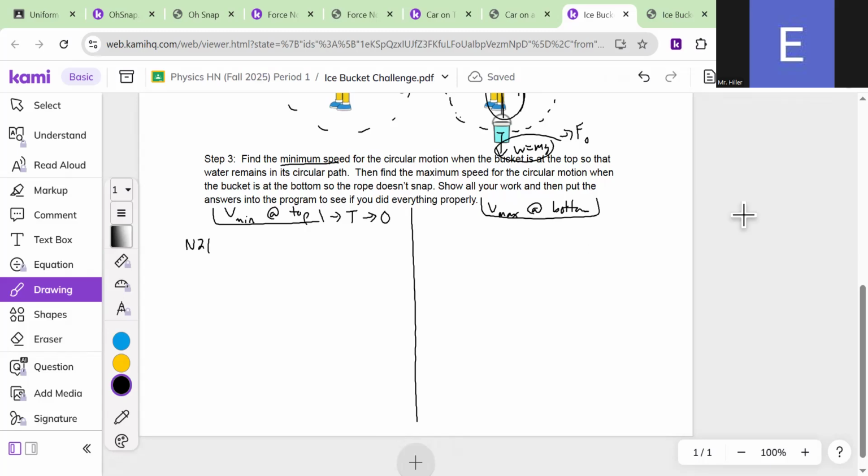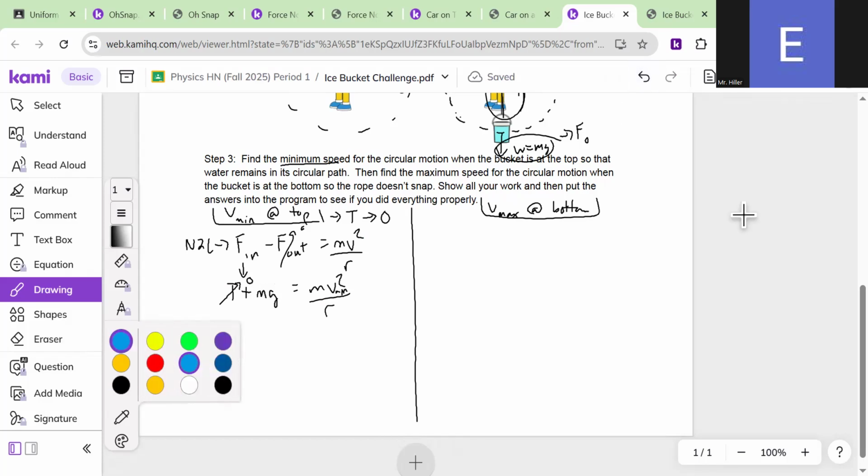Okay, so if I were to look at that, my Newton's second law equation, forces in minus forces out, and there aren't any, equal mv squared divided by r. Now, normally there's two forces in. There's tension and weight, mg, equal mv squared over r. But we just saw in the case of minimum speed, if this is v min, then tension goes to 0, and it's just mg that's causing it to happen.